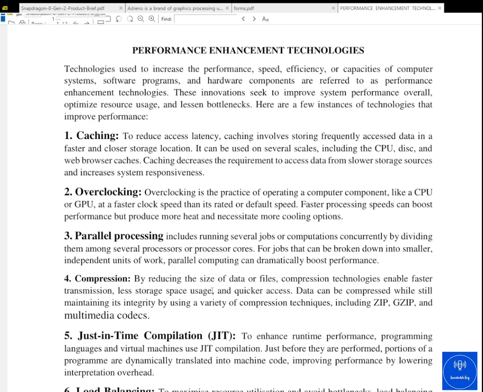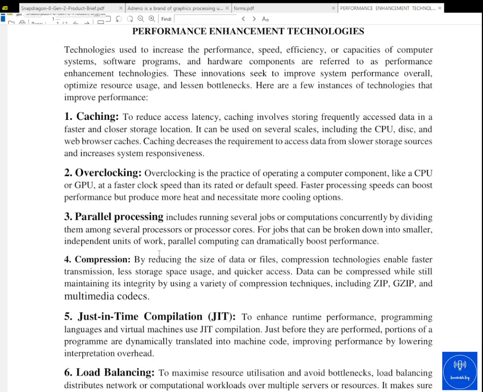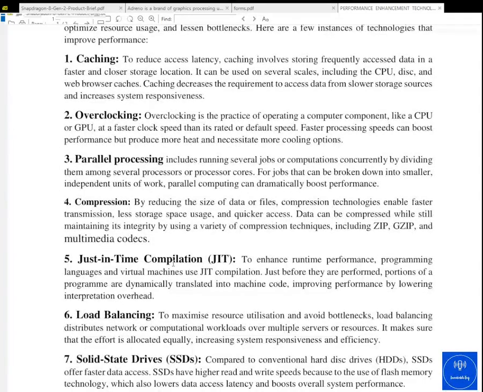In computers, we also have what we call parallel processing. Now, parallel processing includes running several jobs concurrently by dividing them among several processors or processor cores, or simply cores.